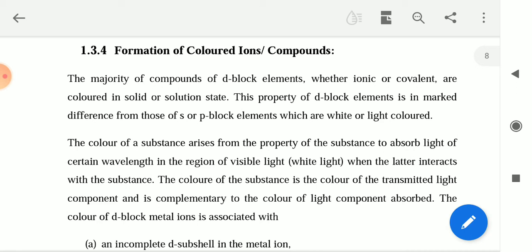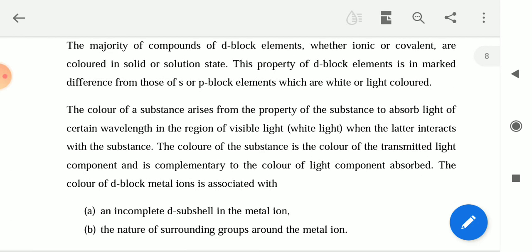The d block elements are different compared to s and p block elements, because s and p block elements are white or light colored in a compound, but the transition metals are colored in appearance. The color of a substance arises from the property of the substance to absorb light of a certain wavelength in the region of visible light, which is white.